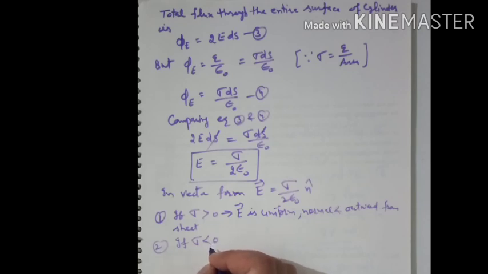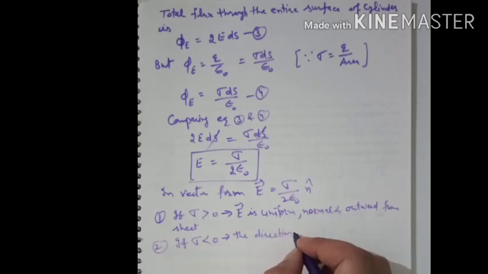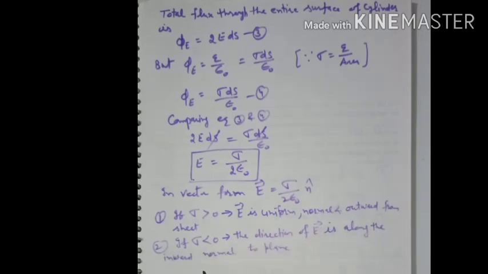Number two, if sigma is less than 0, the direction of E is along the inward normal to the plane.